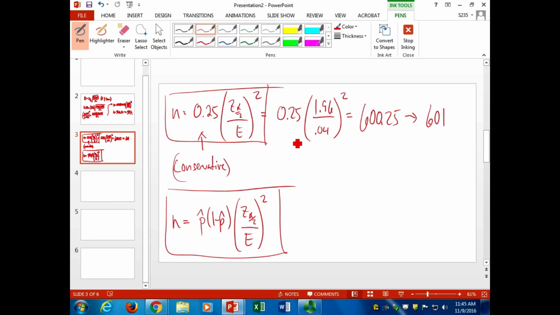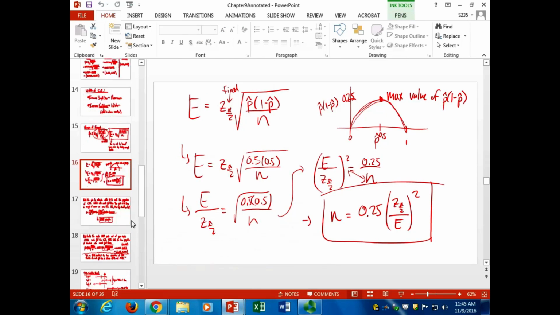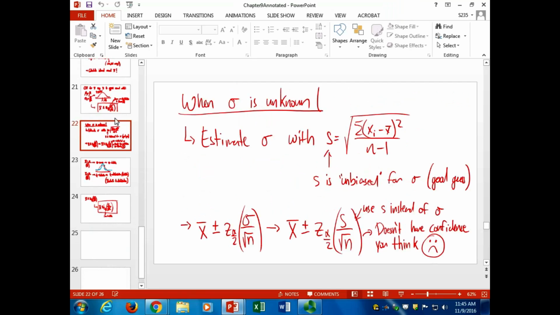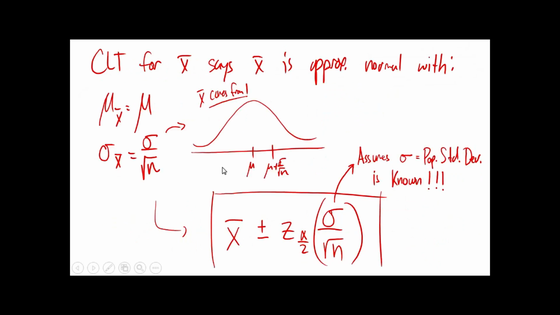So let's go back to where we were yesterday. Yesterday we were talking about what? Where did we get to? Ah, yes. We were having problems because now we were saying, okay, so suppose we're not interested in the proportion.